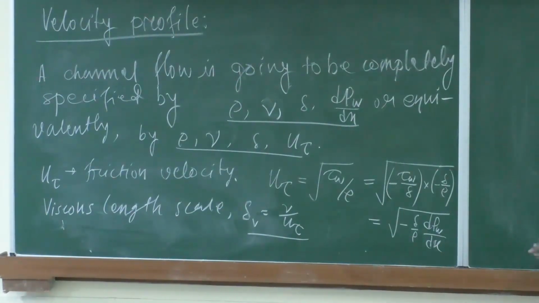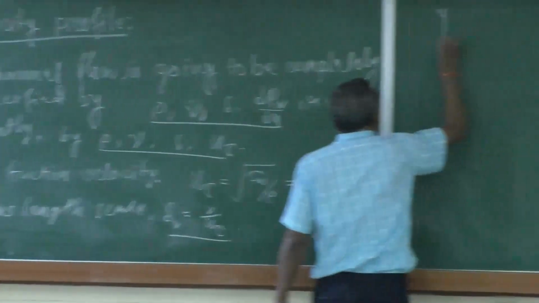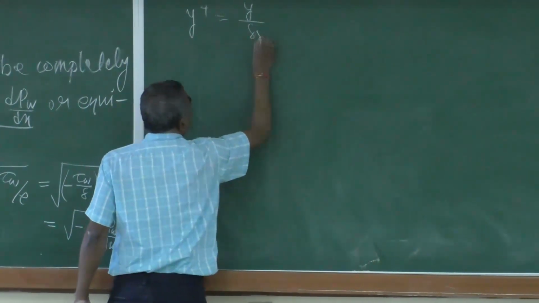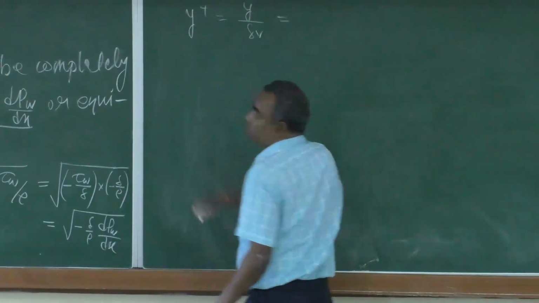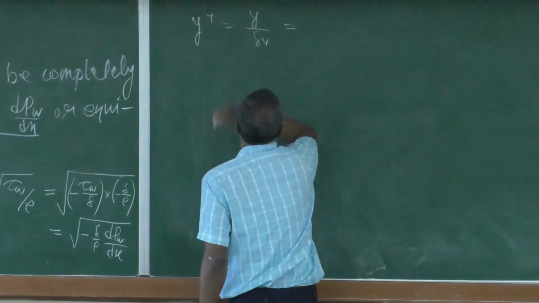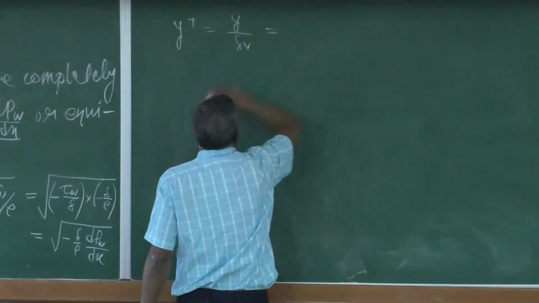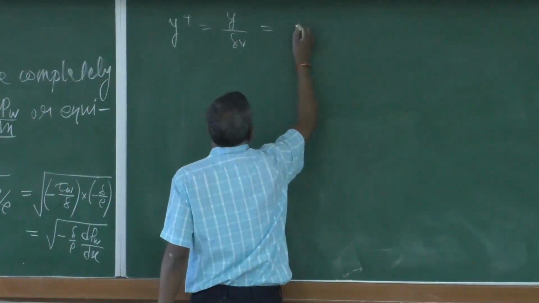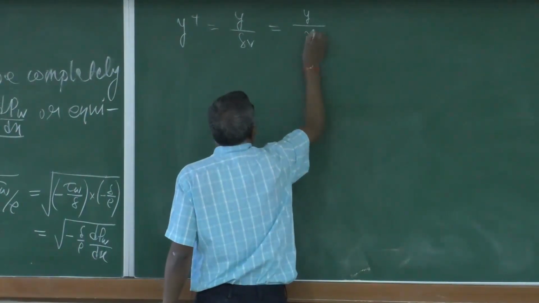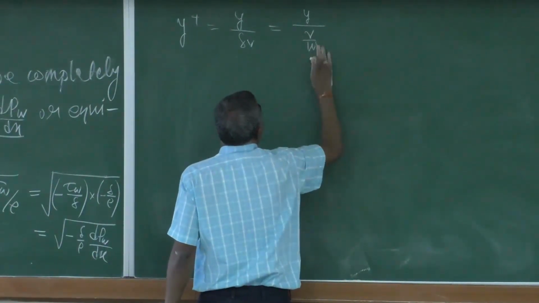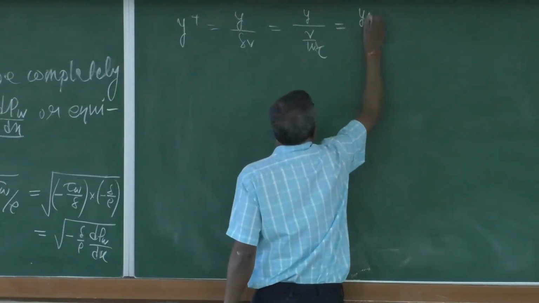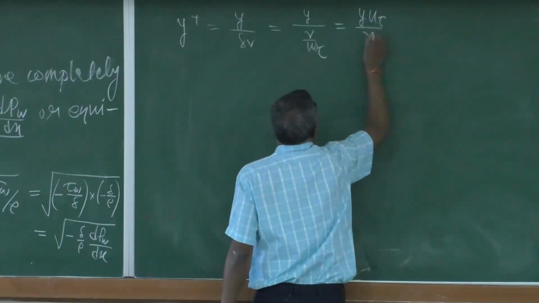Y plus is nothing but y divided by delta V. When y is normalized by the viscous length scale close to the wall, we call this quantity y plus. Since delta V is nu by u tau, this is y u tau by nu.